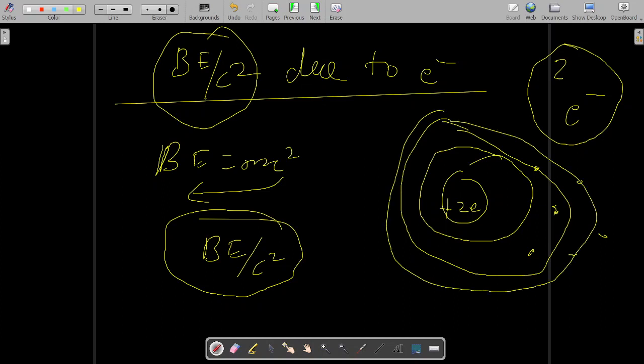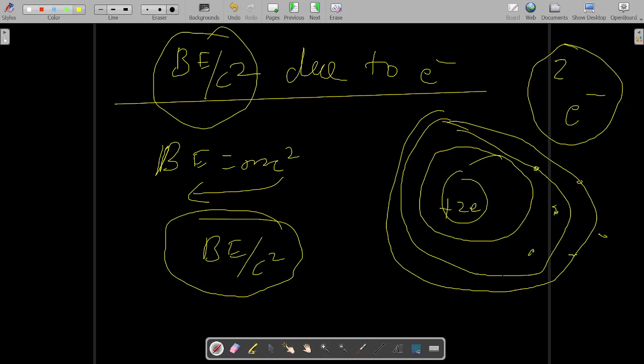Then during the formation of this neutral atom out of this positively charged nucleus and these electrons, this will also release some energy. This will also lead to some mass defect.